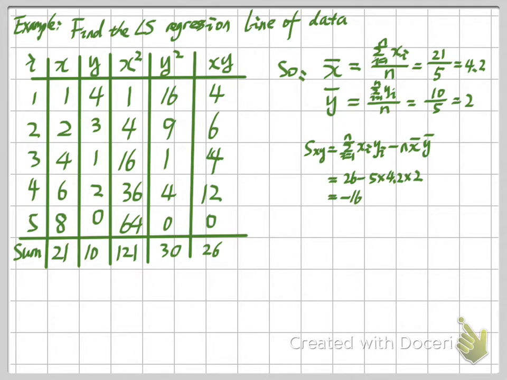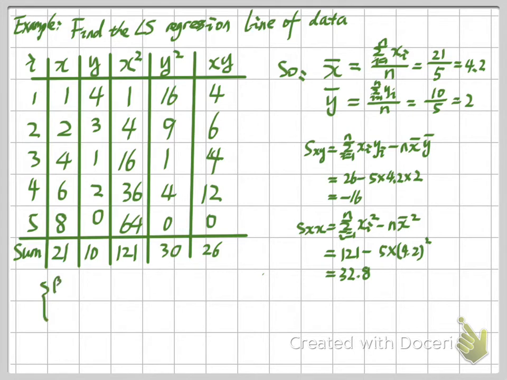And then similarly, we can compute the value for our s sub xx. So we'll get 32.8 for our s sub xx. So now we already have all the parameters, all the values we need for our formula. So now we can first compute our beta 1 hat and then our beta 0 hat.